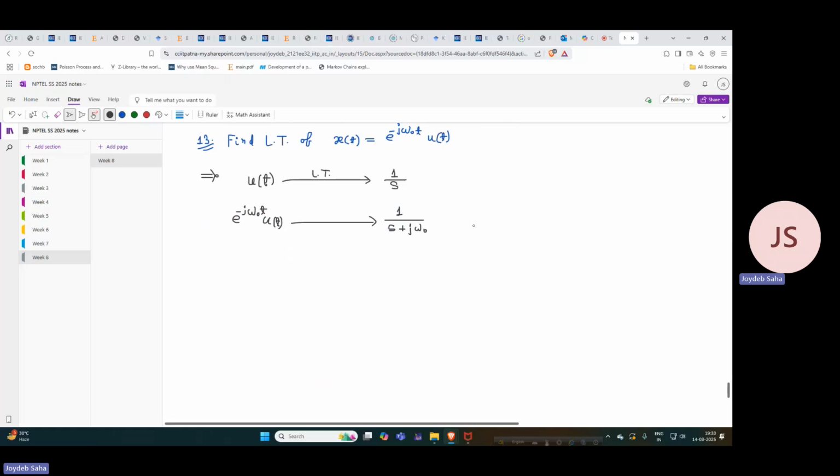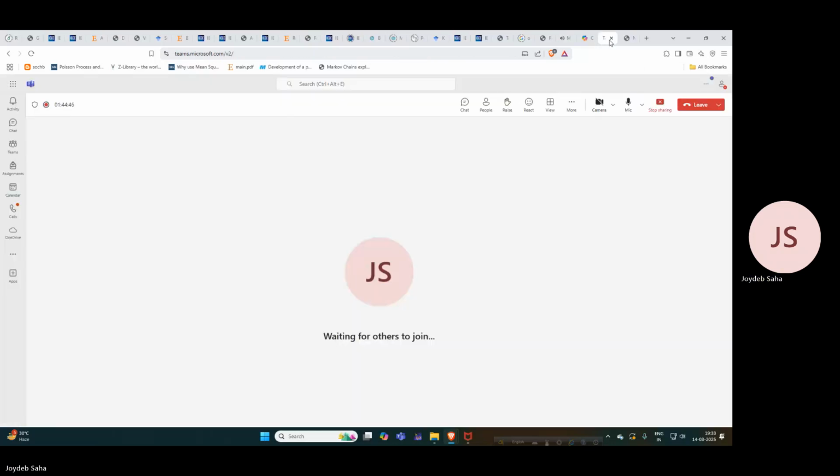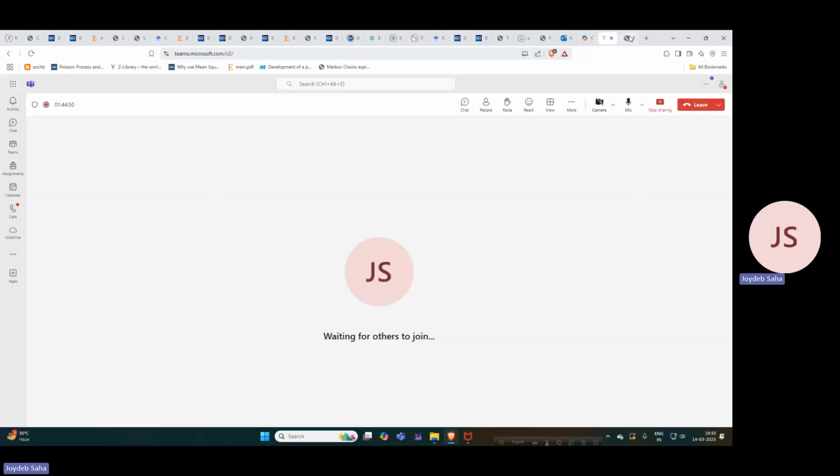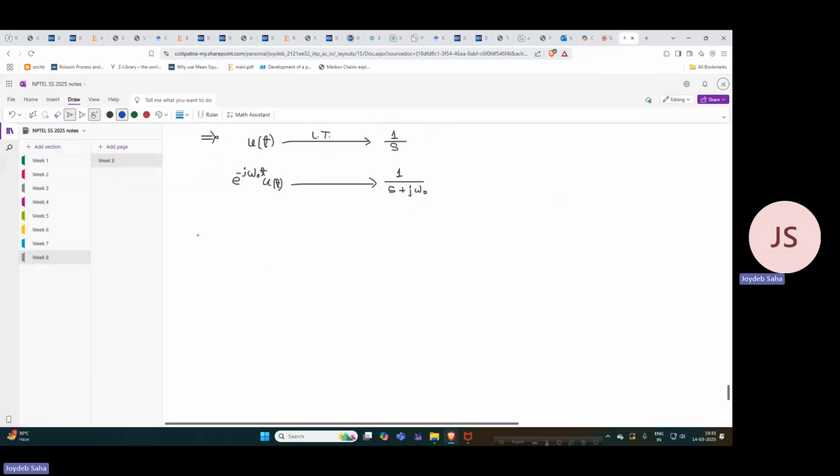Okay, this was the problem. Now problem 14 is also very important to solve problems 15 and 16. In between, if you have any query, you can ask.